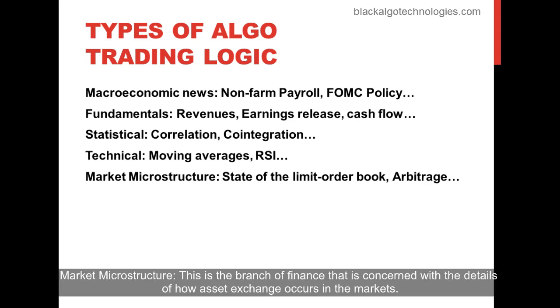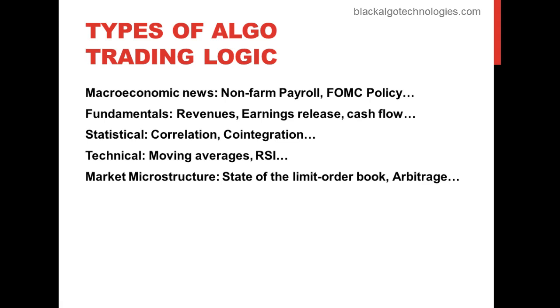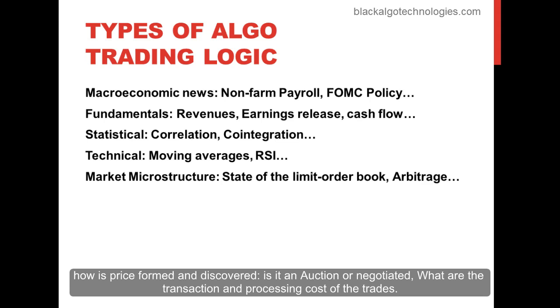Market microstructure can be defined as the branch of finance that is concerned with the details of how the asset exchange occurs in the markets. For example, we could be looking at the structure and the design of the asset exchange, who are the middlemen, who are the dealers, and how is risk transferred, etc. How is price formed and discovered?